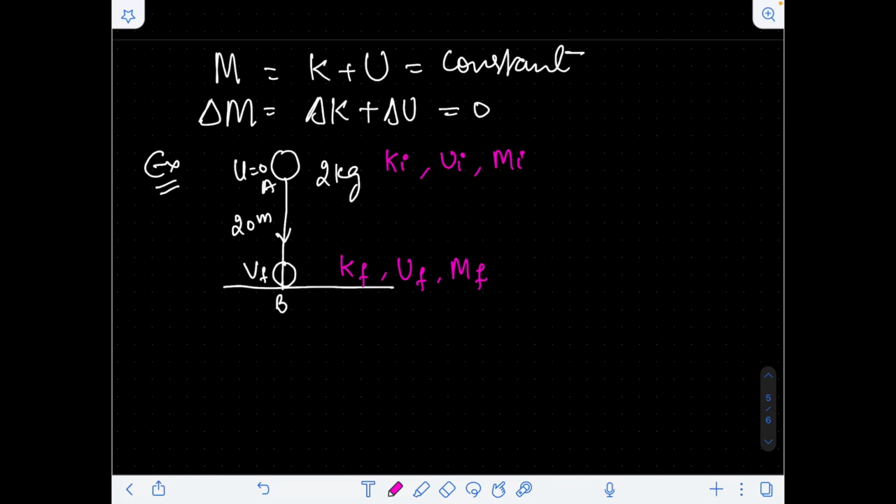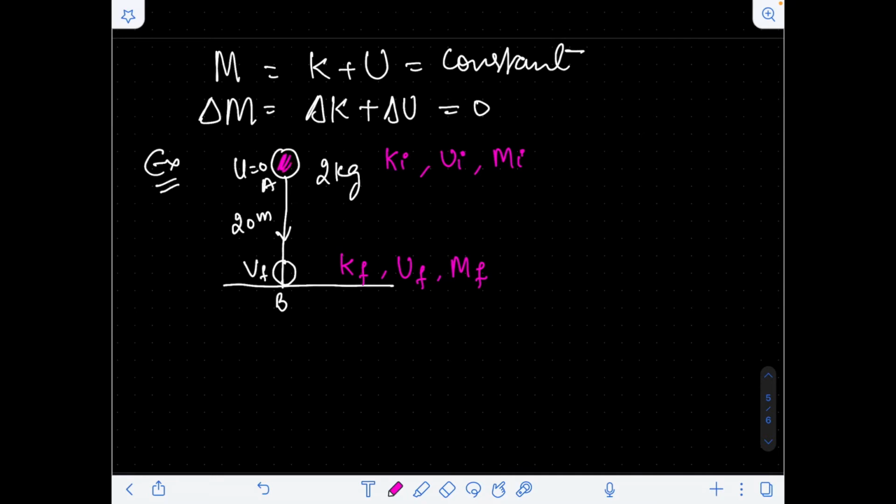Let's see. This is position A, this is position B. At position A, the object has 0 velocity, so its kinetic energy is 0, but it is at a height of 20 meters, so the initial potential energy is equal to mgh. M equals 2, g is 10 and h is equal to 20.